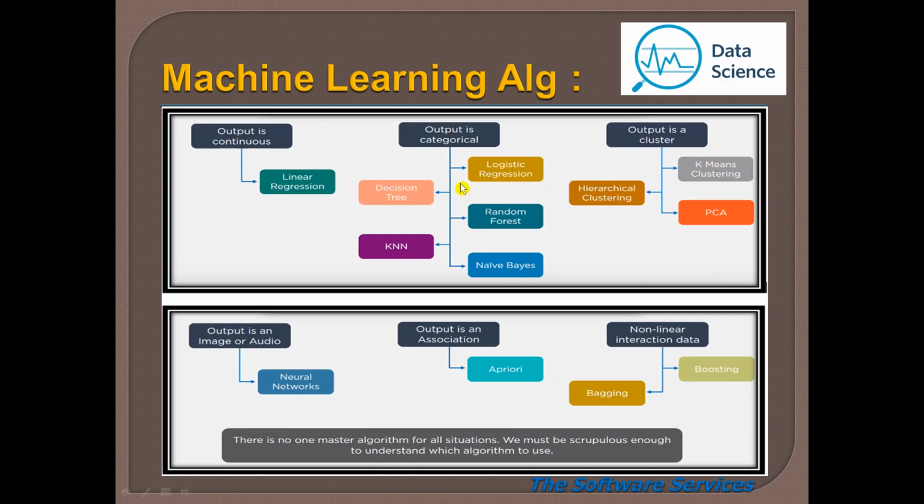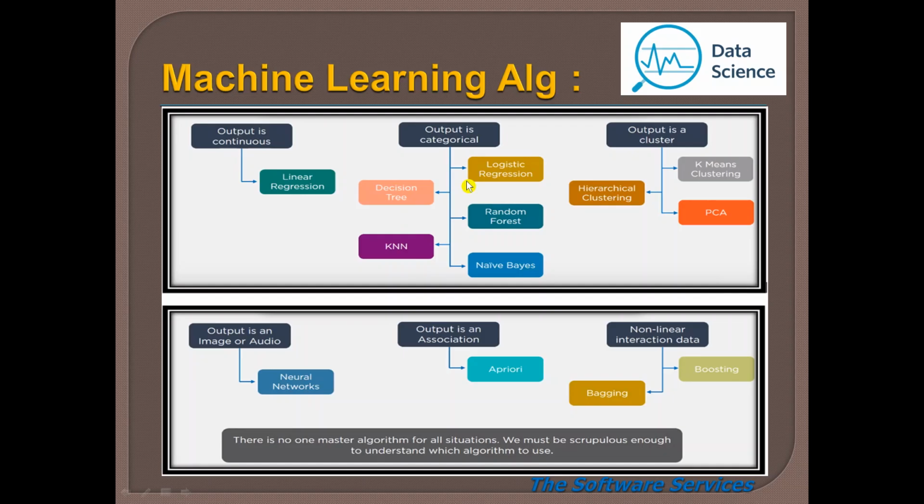The probability of the disease occurring in the patient is yes or no. For that kind of medical requirement, you can use logistic regression, and at the same time decision tree, KNN, random forest, naive Bayes, all these 5 you may use. But which should we select among these 5?